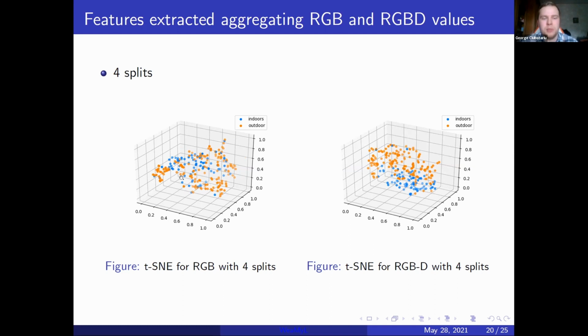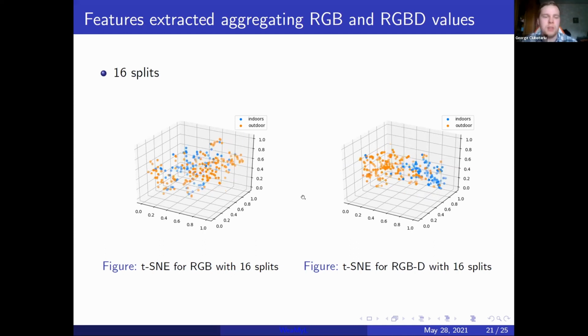However, the simple RGB clustering is still pretty bad, although we can see a tendency for a region to be formed, and we're going to see in the next cluster that it tends a little bit more to clump up together, but it's still pretty bad. However, when considering the depth information, we can now see that the clusters are more compact.